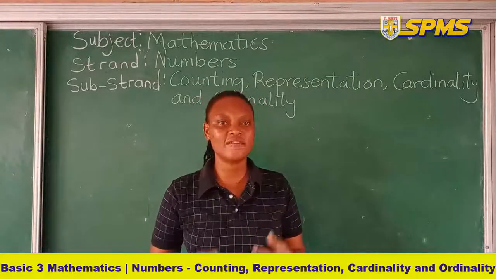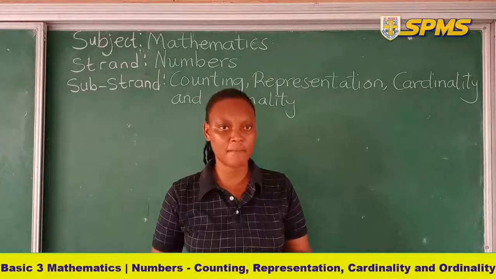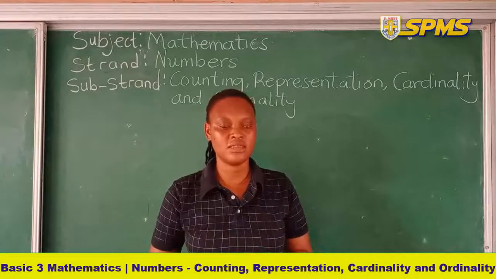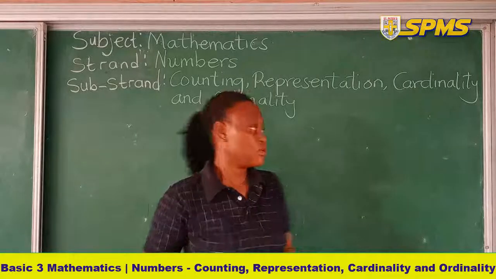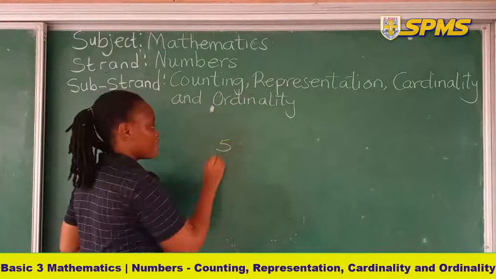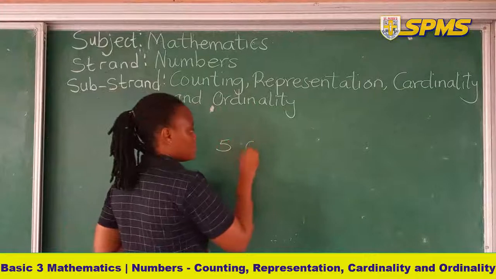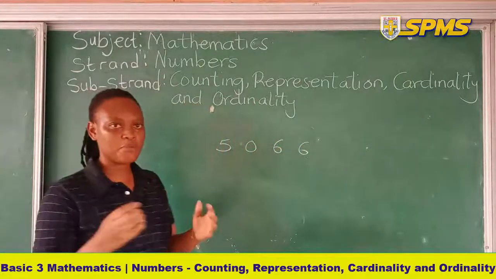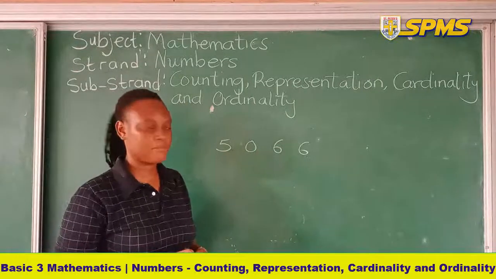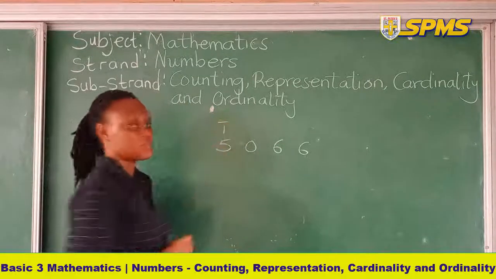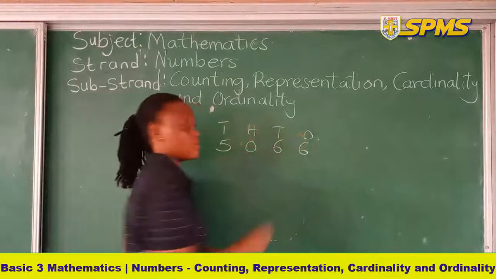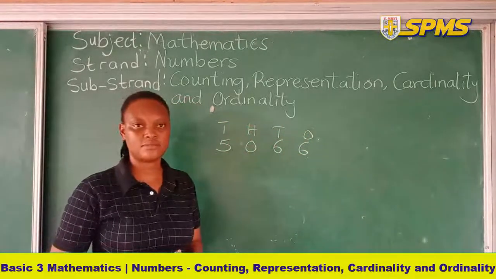So we've looked at the place value of different numbers. Now let us look at the value of the numbers, the worth of the numbers. So we had 5, 0, 6, and then 6. I hope you remember your number frame. This is in thousands. We have the hundreds, the tens, and then the ones.